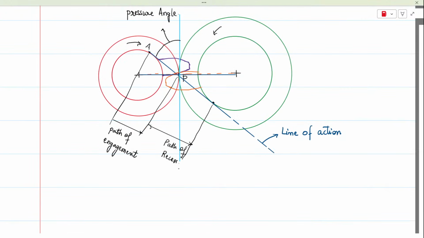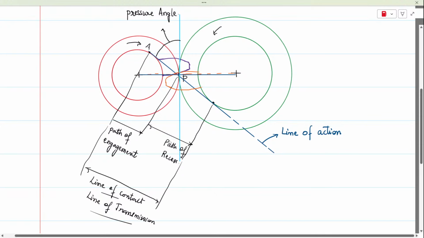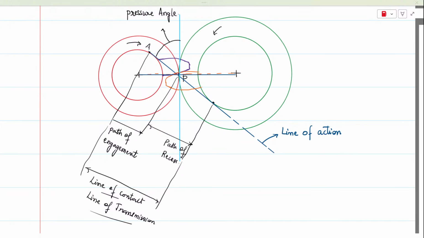If it is made in the form of an arc, it is called the arc of contact, also called line of contact or line of transmission. There are many names which could be given to it.